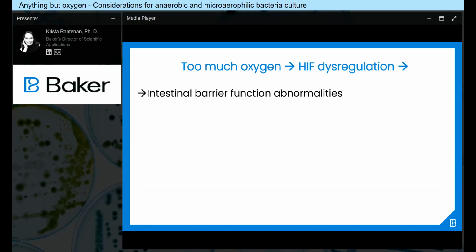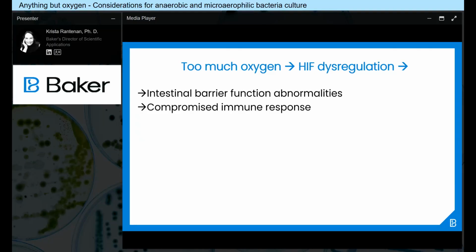And so dysregulation of this HIF signaling weakens this barrier. And what happens then physiologically, it leads to increased intestinal permeability, and it's often referred to as leaky gut. And also the immune response is compromised. So HIF does modulate the activity of various immune cells in the gut.